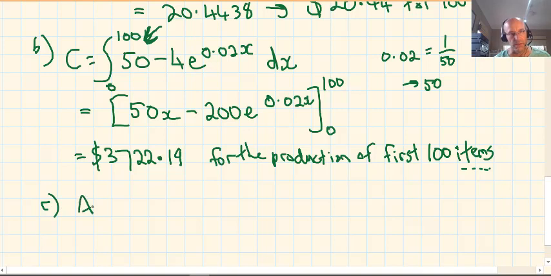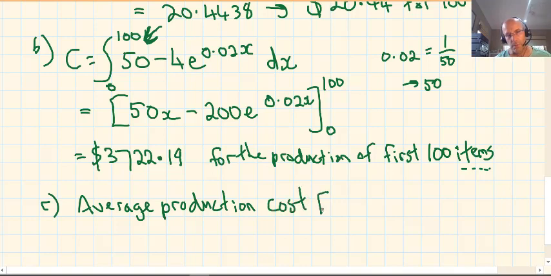So average production cost for first 100 items.